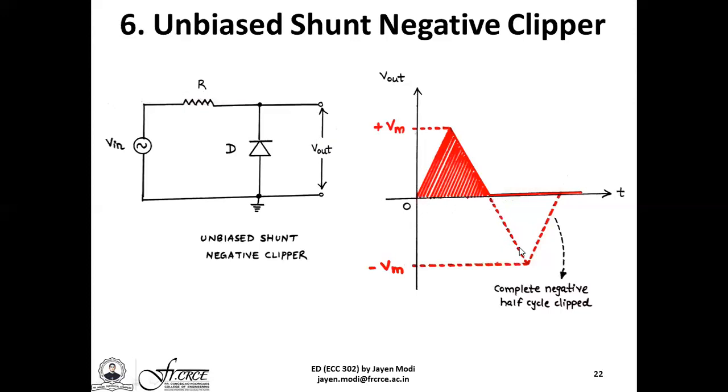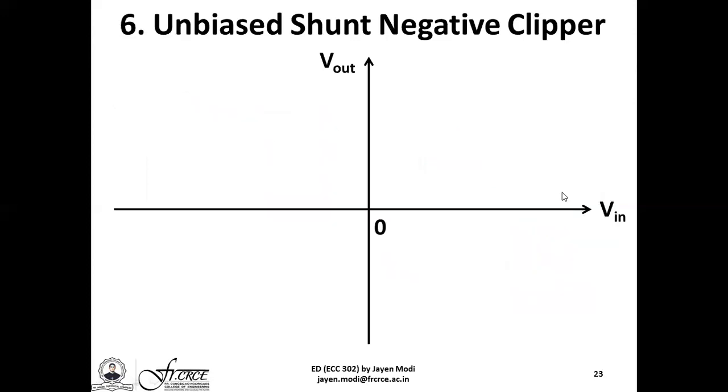That is why this clearly shows that even with the negative half cycle of the AC input signal changing from 0 to minus Vm and then from minus Vm back to 0, you do not have any output signal obtained across the output terminals at all. Looking at the voltage transfer curve or the voltage transfer characteristics, it is once again very easy to see that for the positive half cycle of the AC input signal, you get the same positive half cycle across the output terminals, in which the slope of this line is essentially unity or 1.